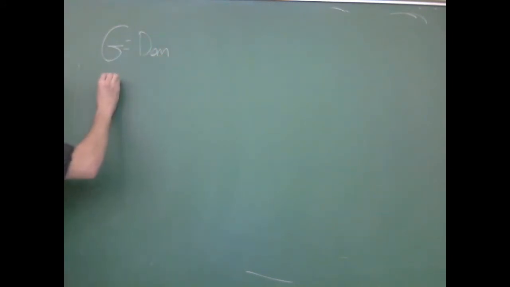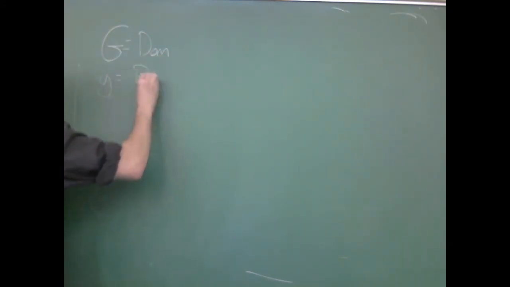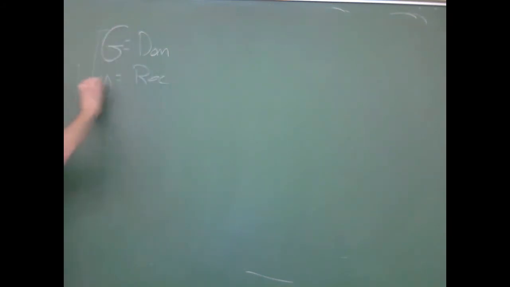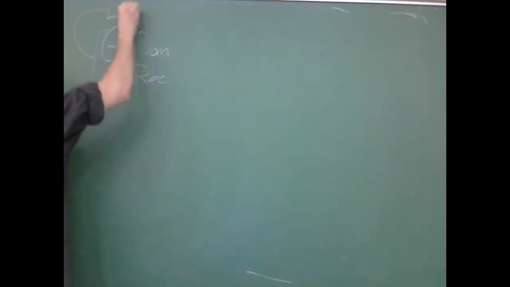Okay. Let's just throw some things out here. Let's say there's 2 features. Big G is green, that's going to be dominant, and a little y will be recessive. So let's just say one feature is leaf color.